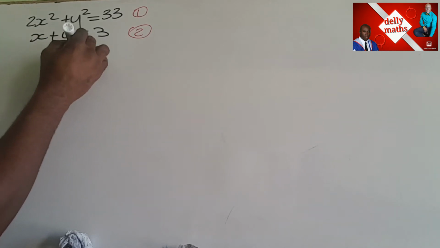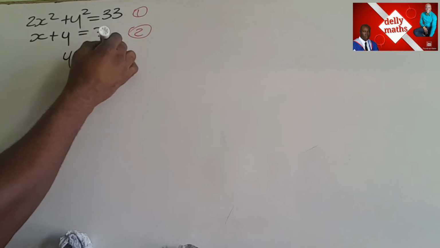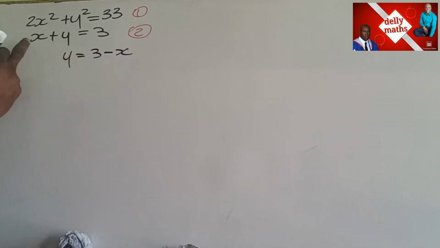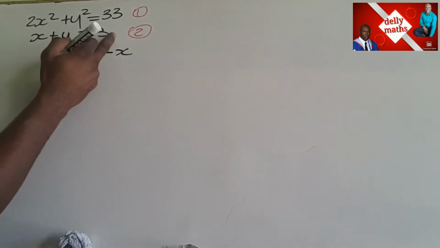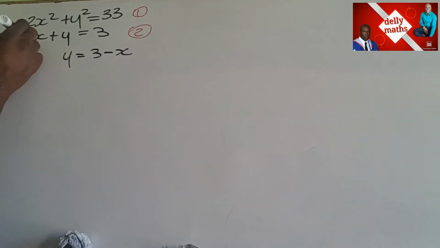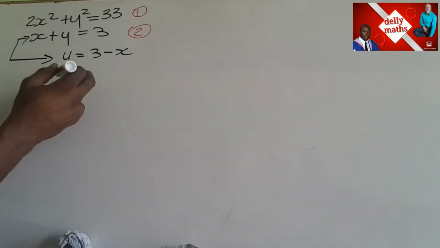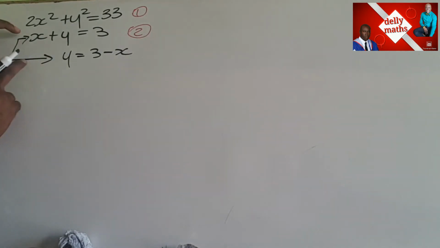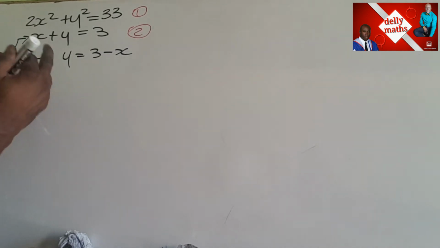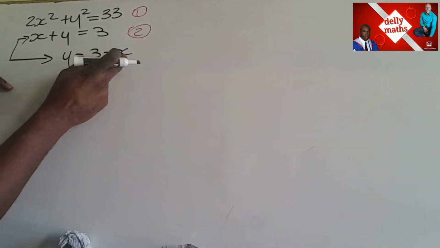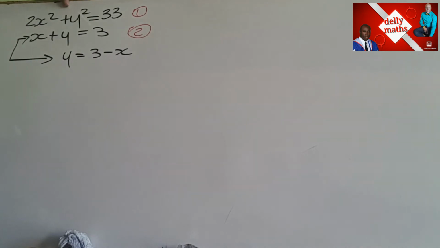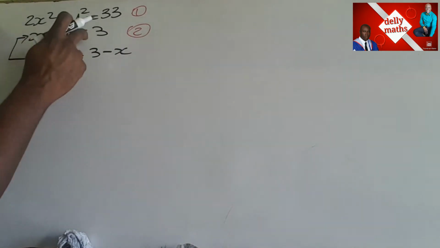So y is equal to 3 minus x. How did I get this? I subtract x from both sides of equation 2. So basically I use equation 2 to create equation 3, which means these two are actually the same thing, right? So I'm going to put 3 minus x in the first equation up here, because these two are the same.